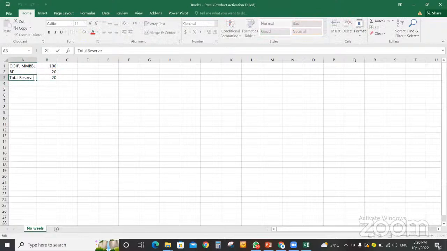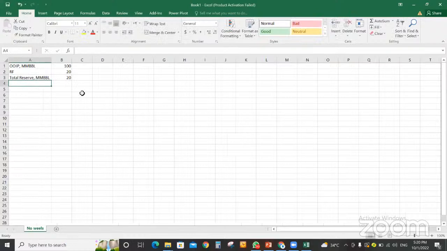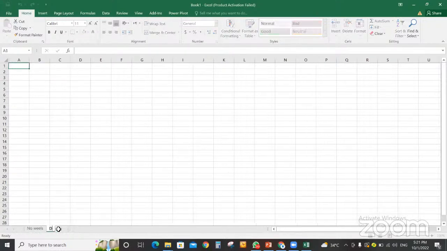So we will have 20 million barrels. That is the total reserve from the reservoir, for the total field. Great. So now we have the total reserve by using the assumed recovery factor and volumetric estimation for the oil in place. Let's do decline curve analysis for one well.